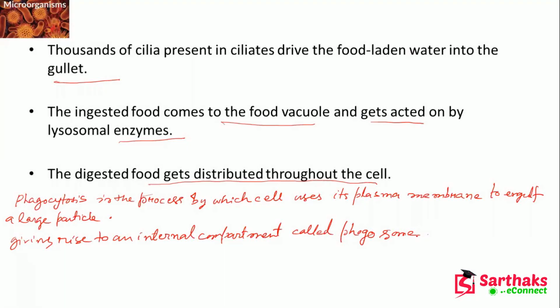A cell which performs phagocytosis is called a phagocyte. So in phagocytosis, the cell uses its membrane to engulf a large particle, and then it creates an internal compartment called the phagosome.